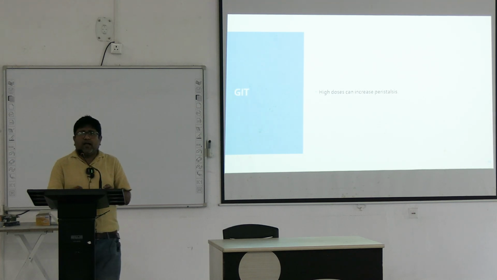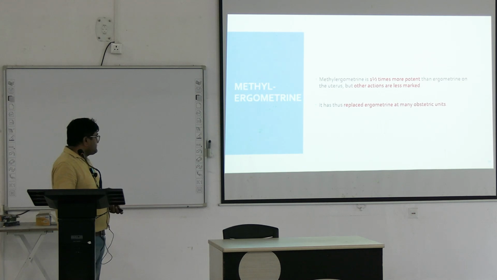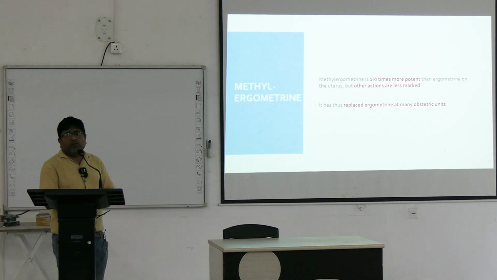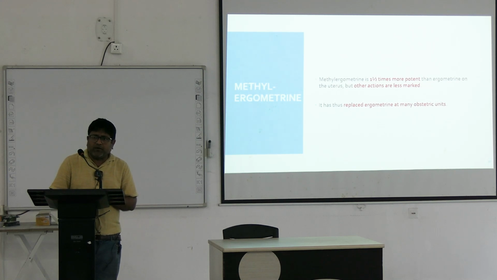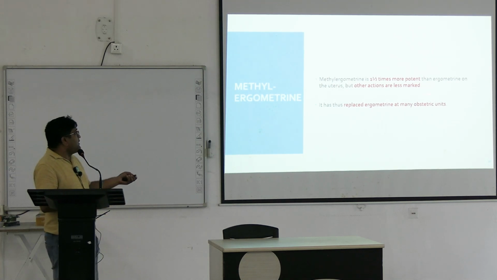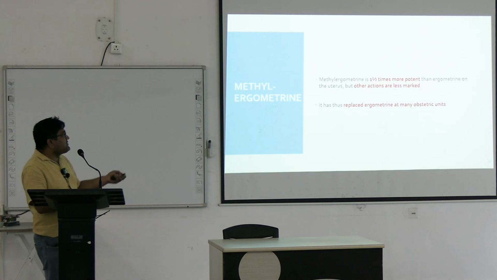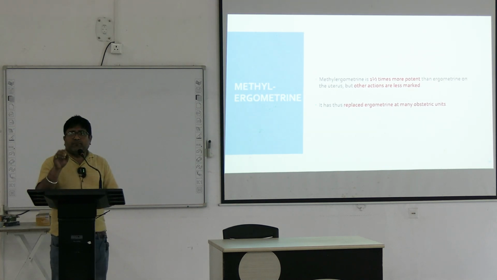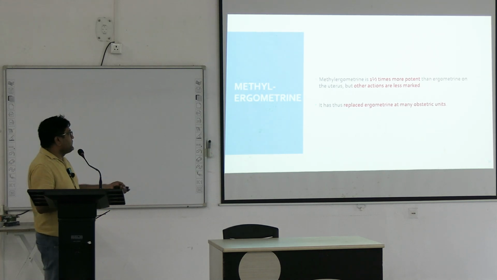Gastrointestinal system: high dose can increase peristalsis. Coming to methyl Argometrine, it is 1.5 times more potent than Argometrine, but other actions are less marked. And as the other actions are less marked, methyl Argometrine today is more commonly used than Argometrine.